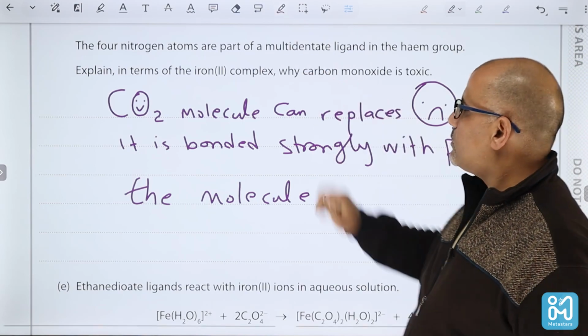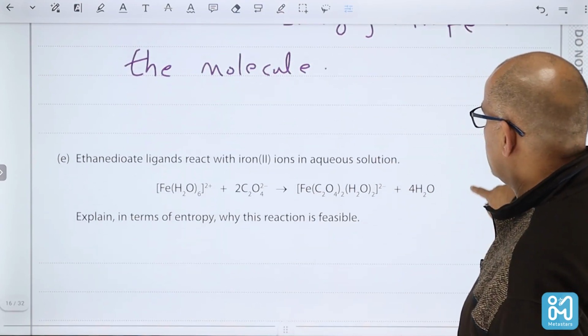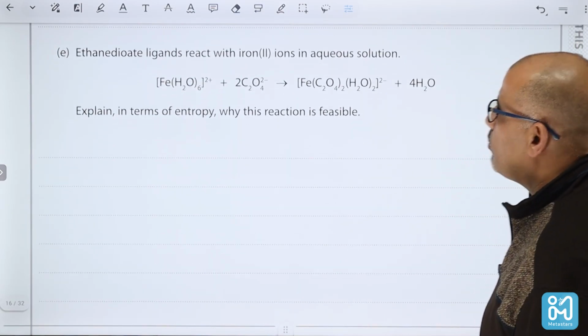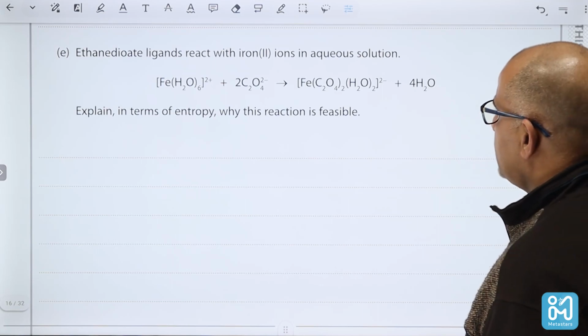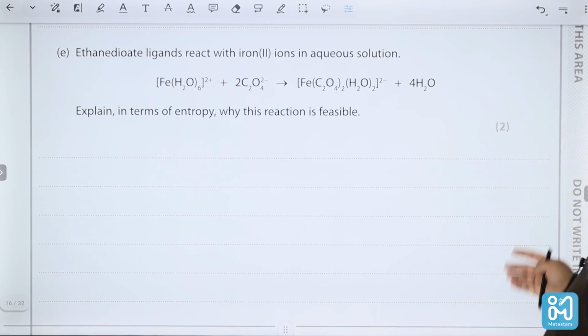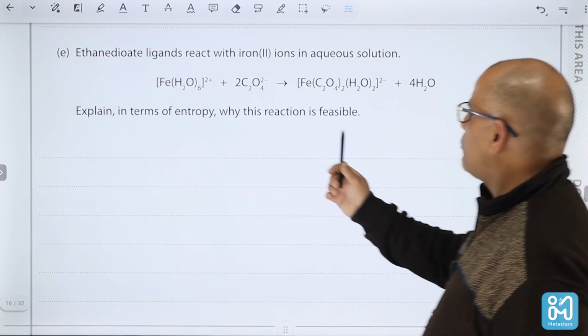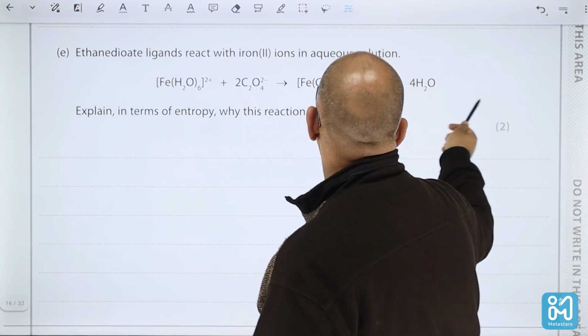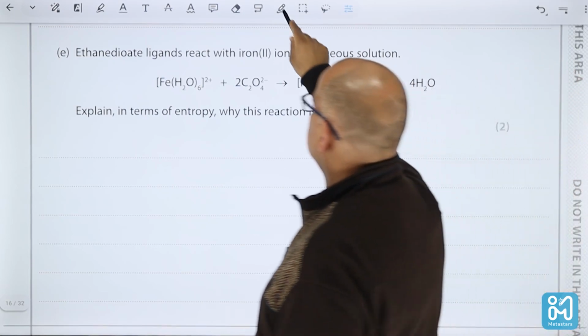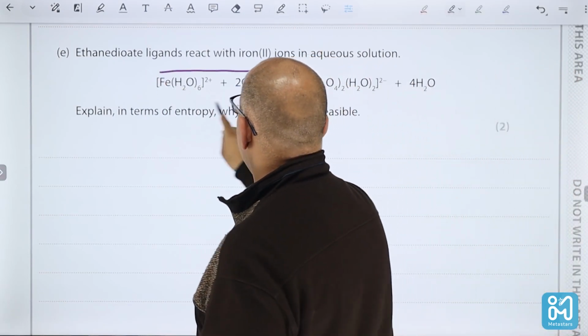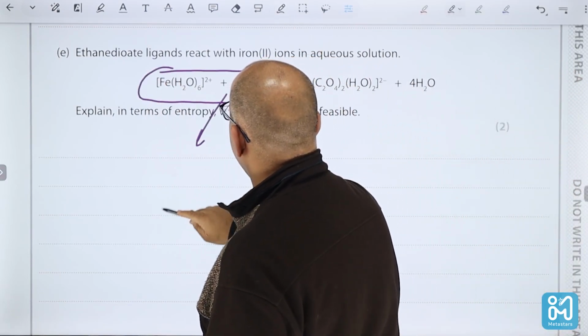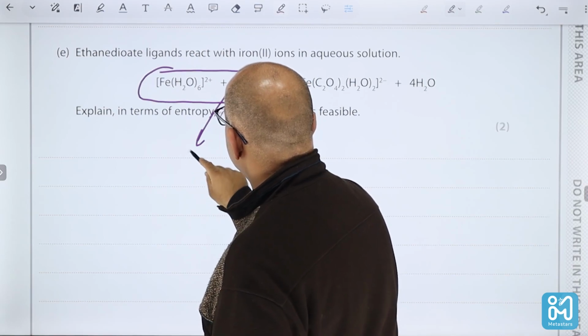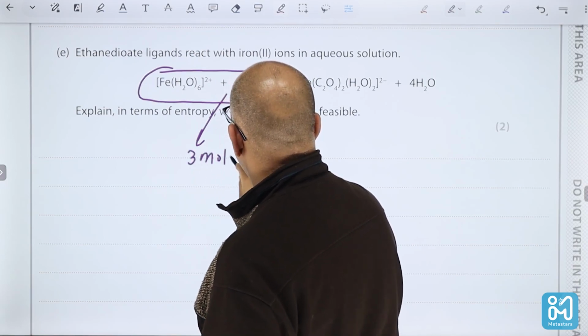Now, when ethanediamine ligands react with iron 2 in aqueous solution, explain in terms of entropy why this reaction is feasible. You can see that we have 3 moles of particles. They are changed to 5. So in this case, we are looking at the number of molecules or moles of particles. They are 3 moles there.